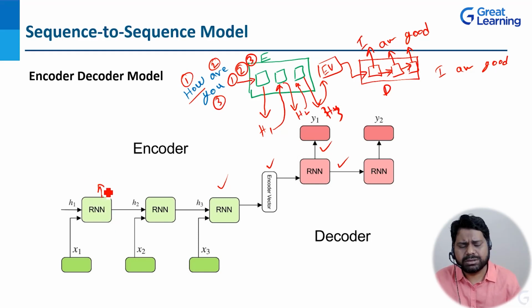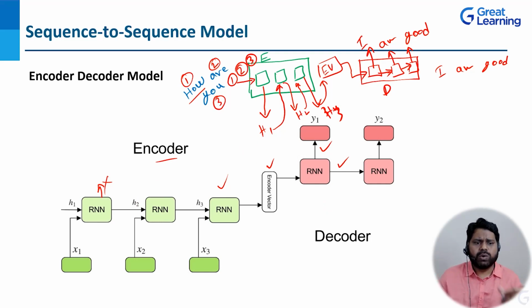So the RNN architecture of the encoder is such that it doesn't produce the output, and we don't store the output here. Instead, we provide the hidden state. So this is the basic structure of how encoder-decoder works.